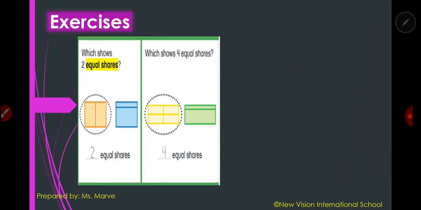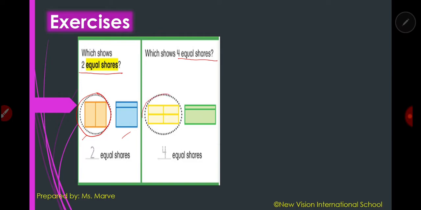We are going to just circle which of these pictures shows two equal shares. Is it the first or the second? Of course, the first. Okay, how about the next? We are going to circle the picture that shows four equal shares. Which of these pictures is the correct answer?